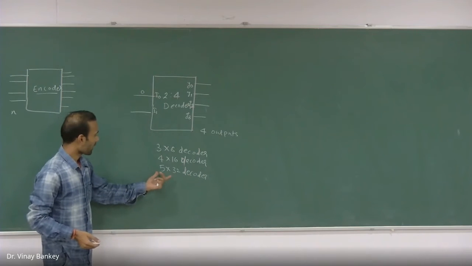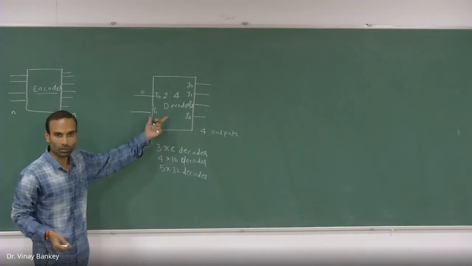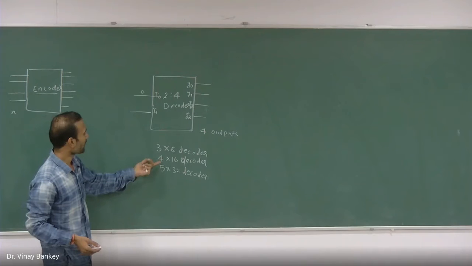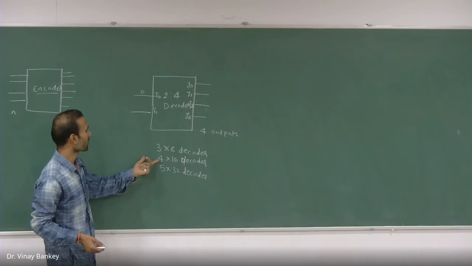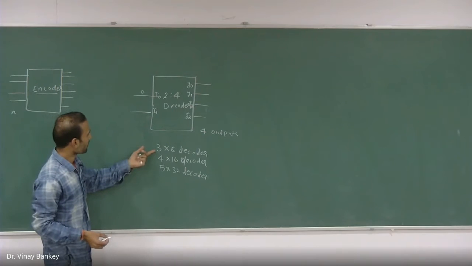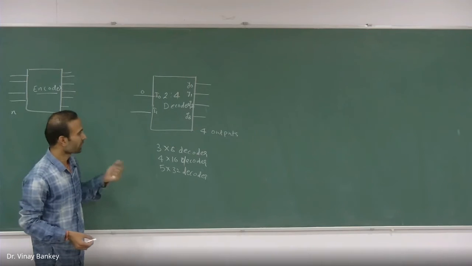And the higher decoder can be obtained or implemented using the lower order decoder. Correct. So now we'll see how we can implement this 4x16 decoder using 2x4 decoder, or 3x8 decoder using 2x4 decoder. We'll see in this lecture.